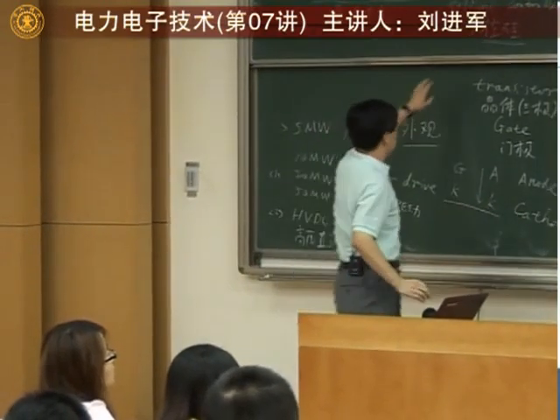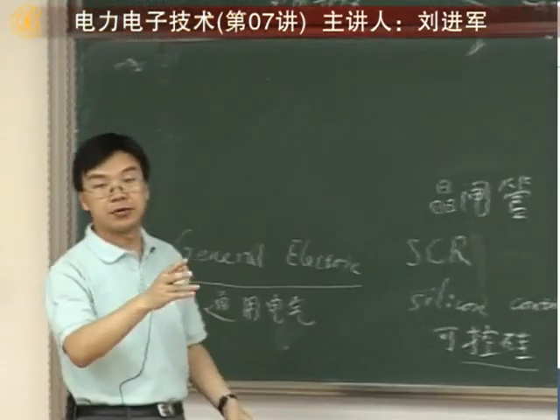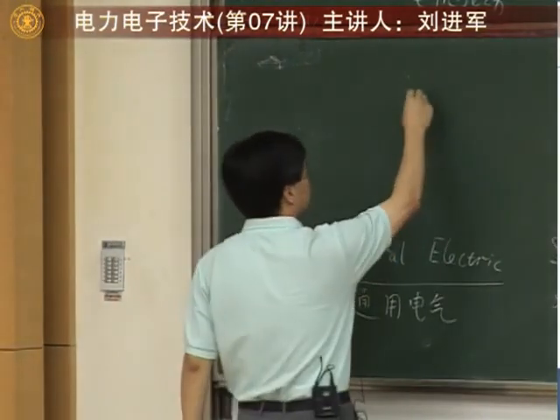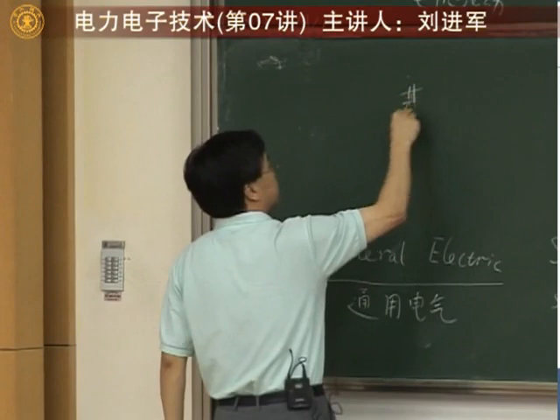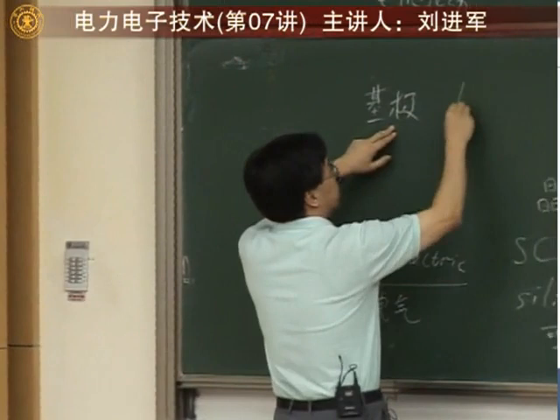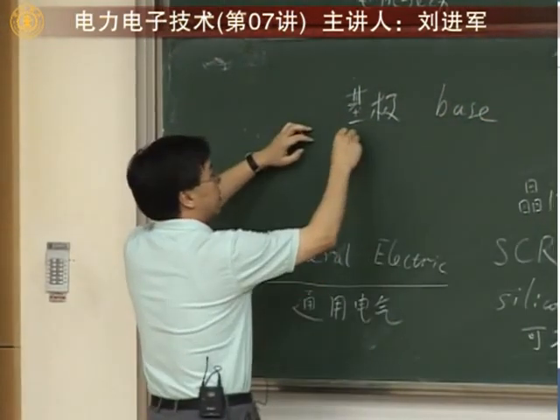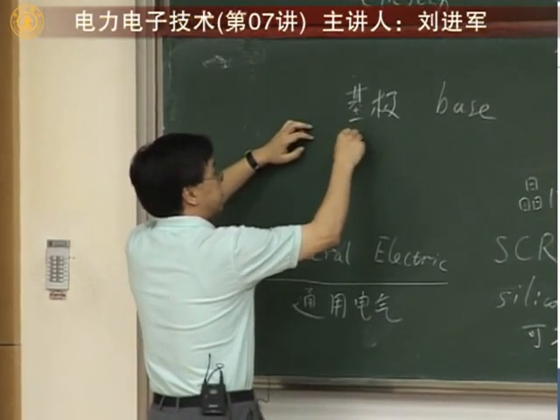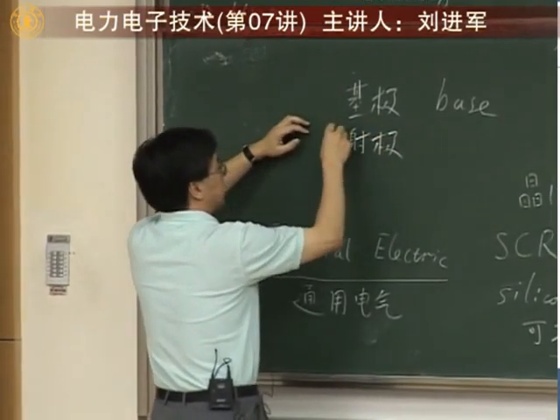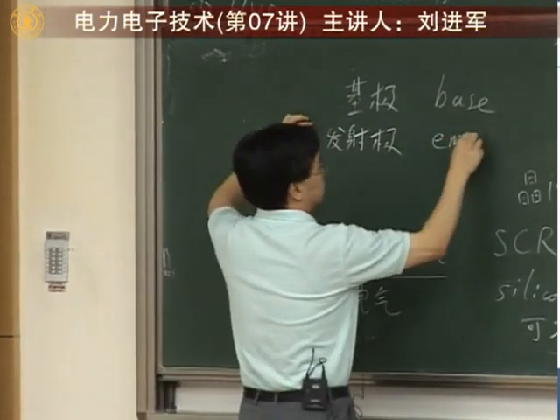Before we discuss that, let me tell you the names of the three terminals of a transistor. For the transistor, probably you started from the Chinese name, right? That's base in English. Okay, that's emitter.